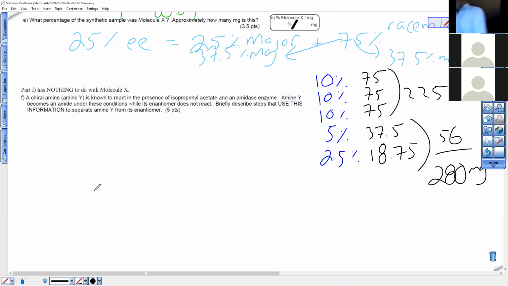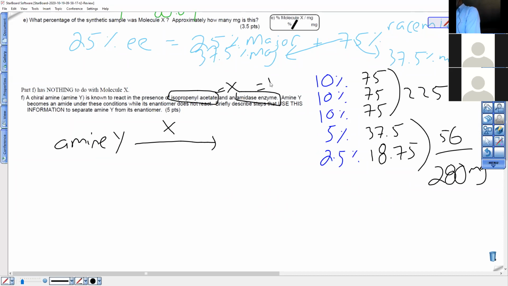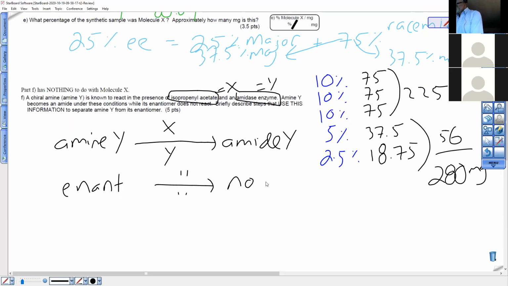You can do this in pictorial form. Amine Y, react it with X, so it makes amide Y under these conditions, and the enantiomer under the same conditions, no reaction.